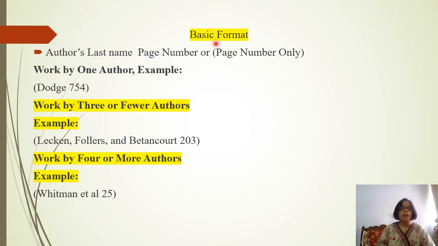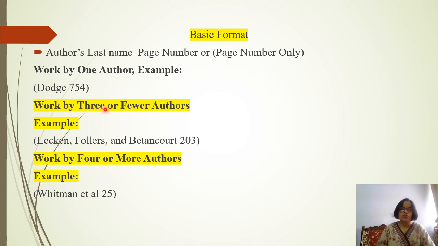Now the basic format for this kind of web citation is author's last name and page number, or page number only if the author's name is not there. So you see, work by one author, for example, Dodge 754.